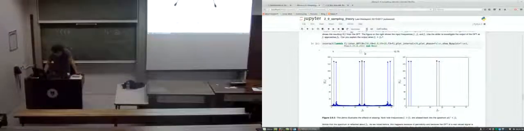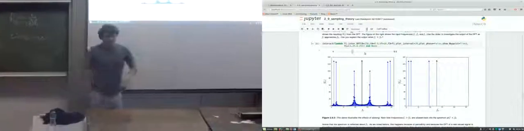Here I've got exactly the same thing again, but now I'm changing one of the frequencies. Here's still my frequency at 1 and at 2, but I've allowed the upper frequency to vary.